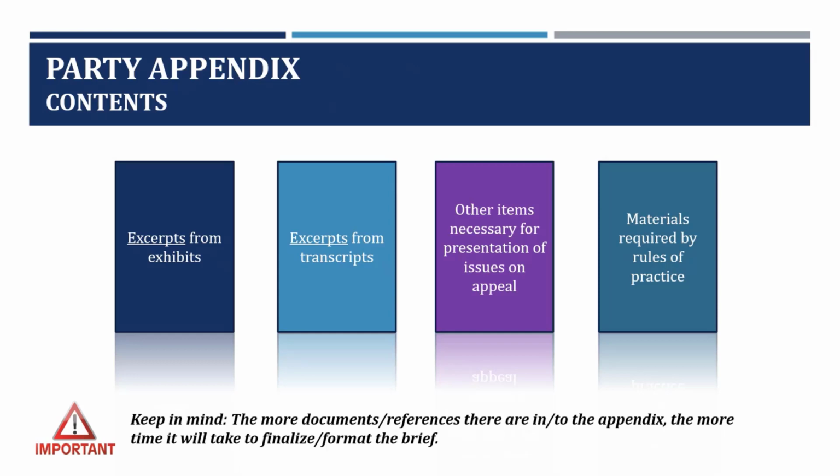Very little, again, is required, but there are rules in the practice book that say, for example, if you're challenging the exclusion of evidence at trial, you're going to want to include where that took place in the transcript: where evidence was offered, where an objection was made, any argument on the objection, and the trial court's ruling sustaining or overruling the objection.